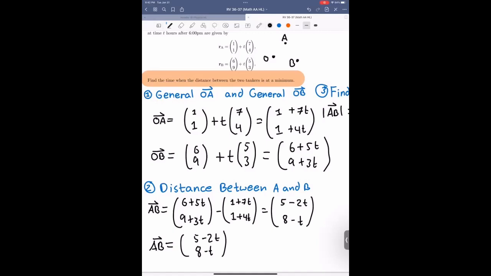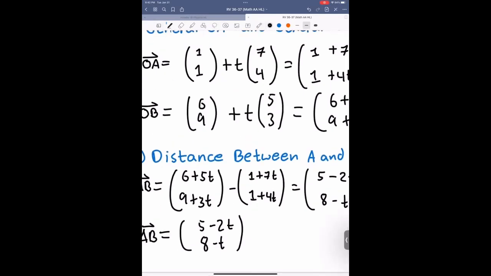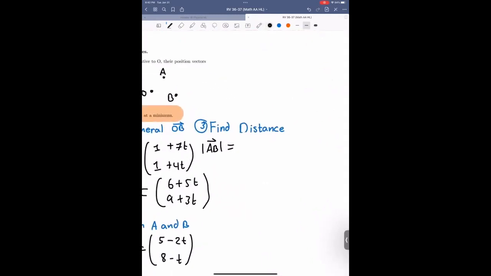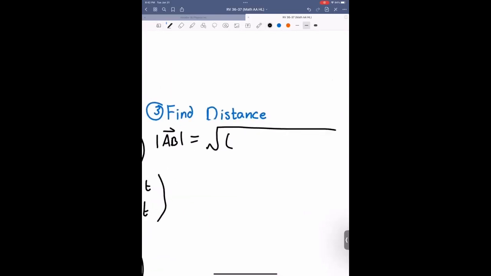We are given the vector which expresses the distance between A and B, which is (5 minus 2t, 8 minus t). Now, again, to find the distance, we take the magnitude of vector AB, which is the square root of the sum of the squares of each individual component.